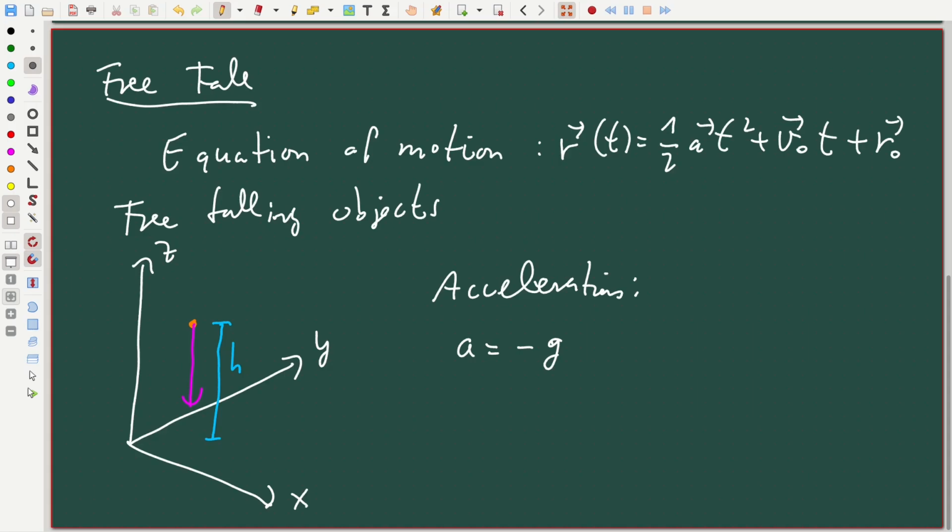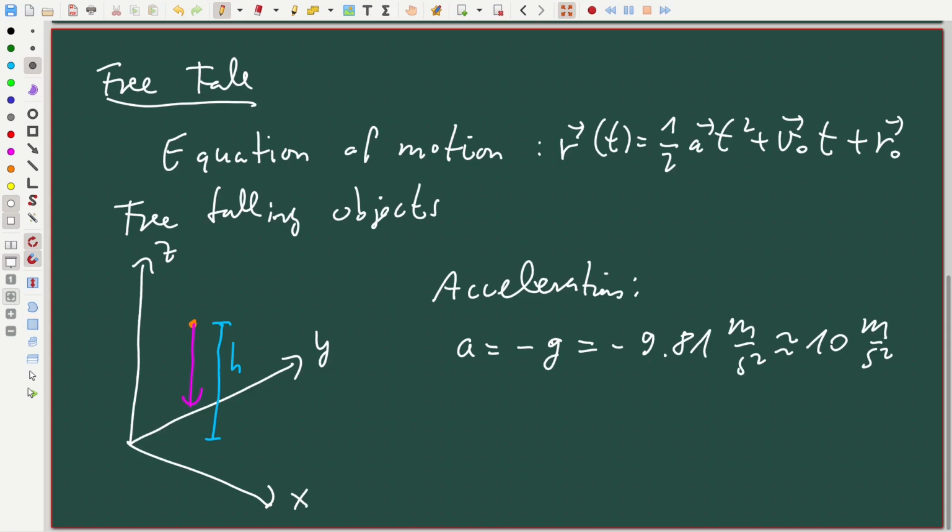So now we can write minus g, and this is almost exactly 9.81 meter per square seconds. Or many times we can also just use the approximation, which is 10 meter per square seconds. In most of the cases this is just enough, and for all the examples which we calculate I will use this value.